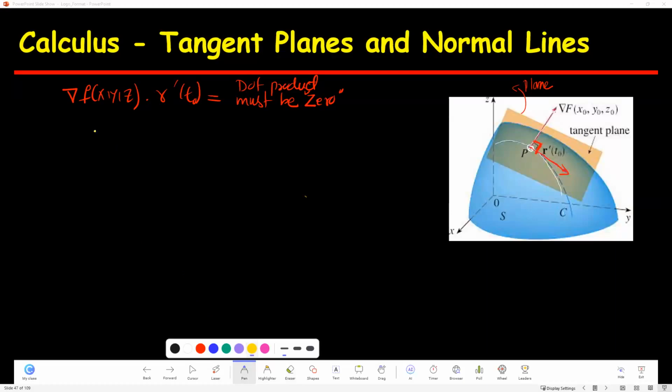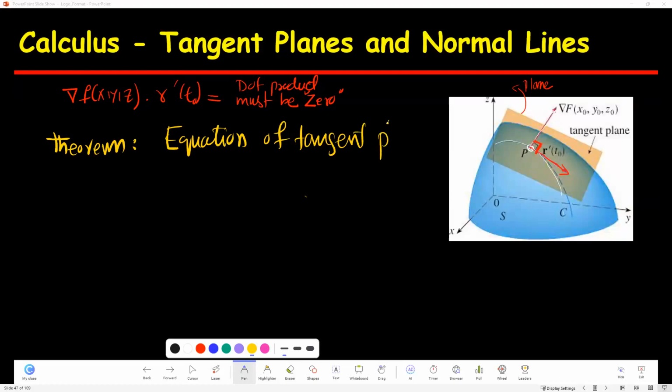I'm going to be writing here the theorem, or basically its equation of the tangent plane.